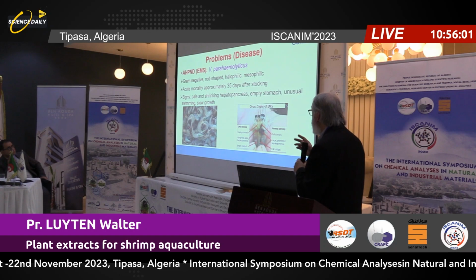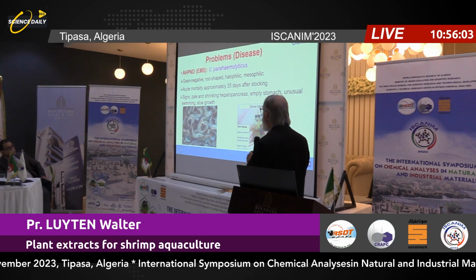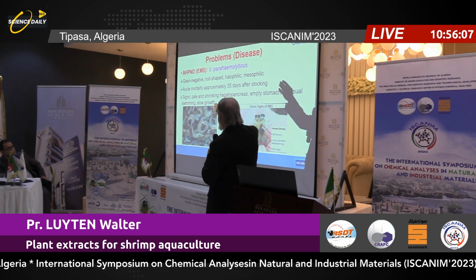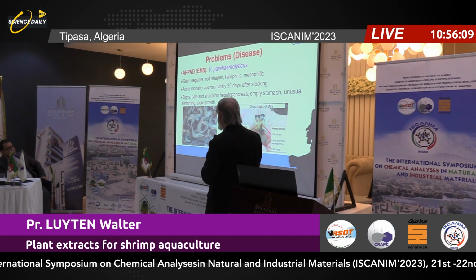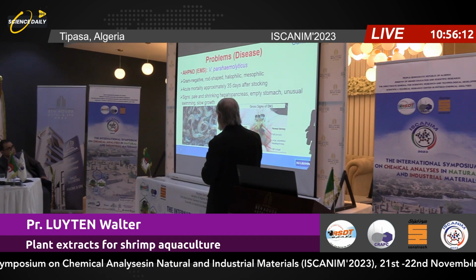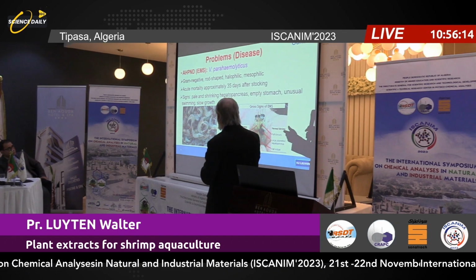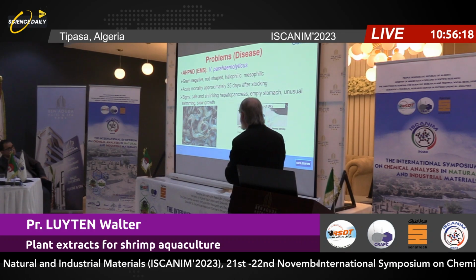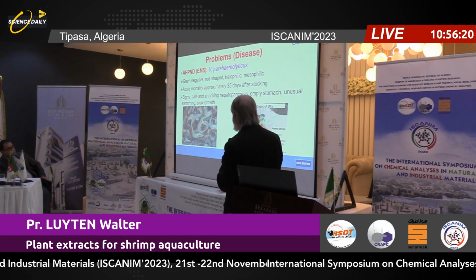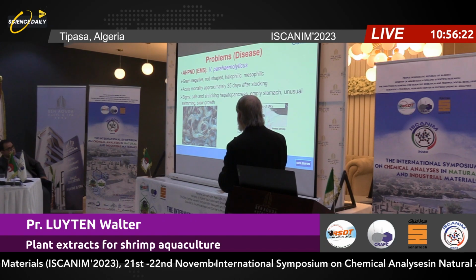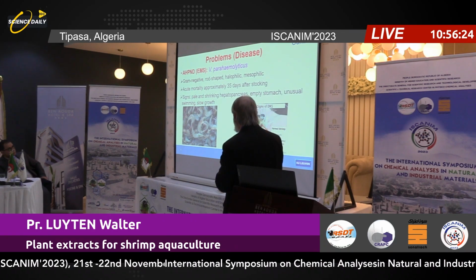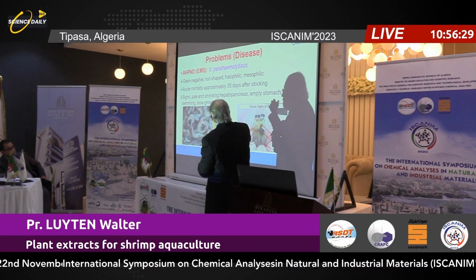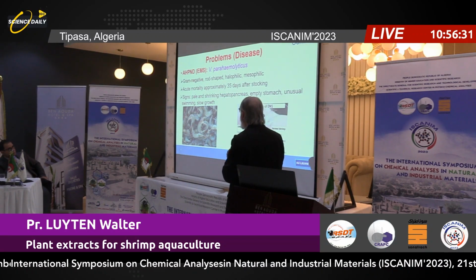Now, the Vibrio disease is called acute hepatopancreatic necrosis disease, usually abbreviated AHPND to speed things up, or early mortality syndrome. It is caused by Vibrio species, which is a gram-negative bacteria that likes to live in conditions where there is salt water.